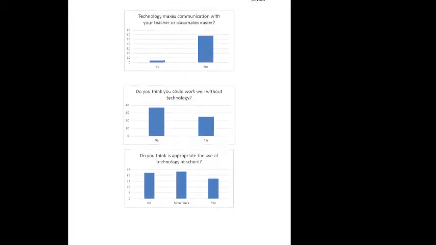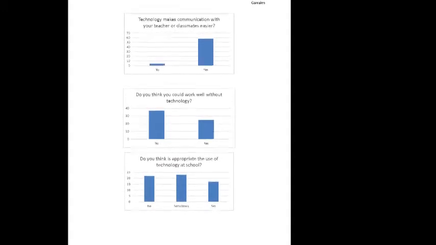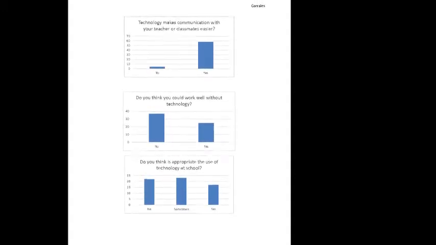In the third question, 29 students answered their teacher manages the use of devices in class. In the fourth question, 23 students considered that technology really helps the class. In the fifth question, 29 students answered that sometimes technology distracts them from school. In the sixth question, 36 students prefer to study while using their technology device.